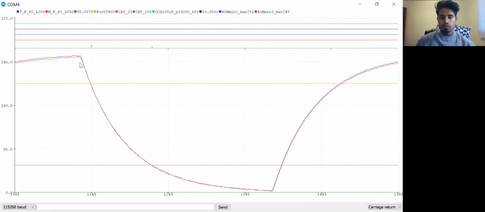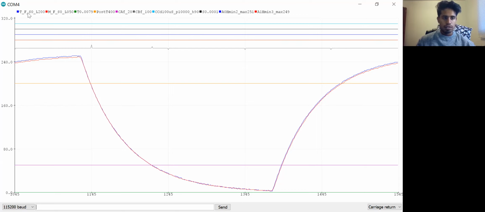So I want to measure a voltage of about 4.9 for the first one. And before that, I'd like to mention that the scale of this is 0 to 255, which corresponds to 0 to 5 volts. If I want to measure a voltage of 4.9, if you do the math, that will come to 250 out of 255.